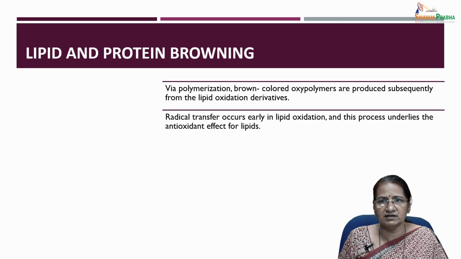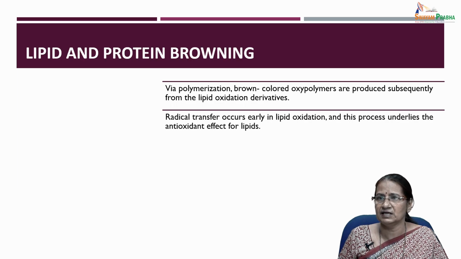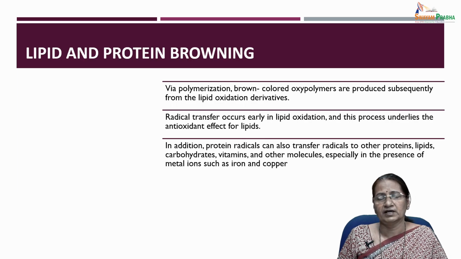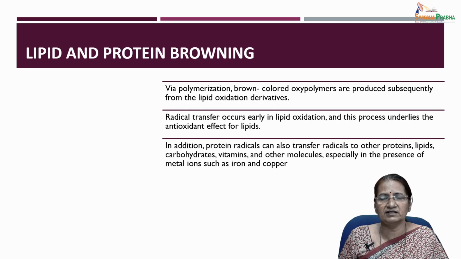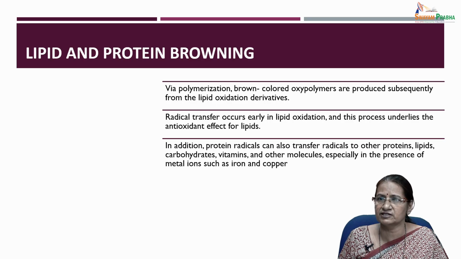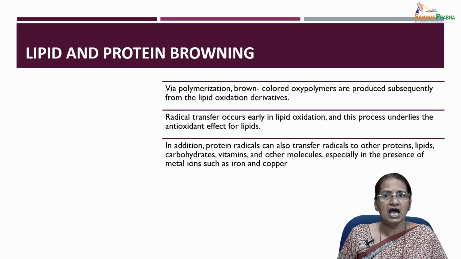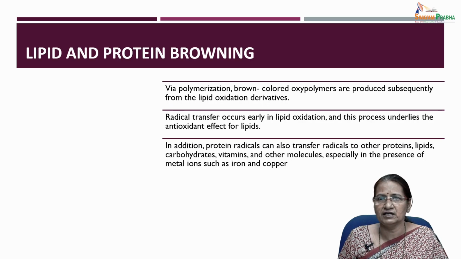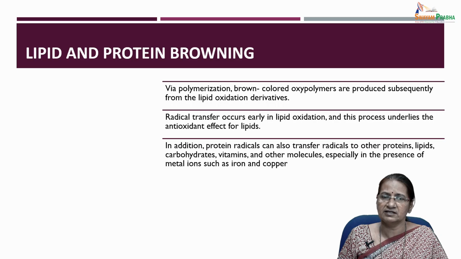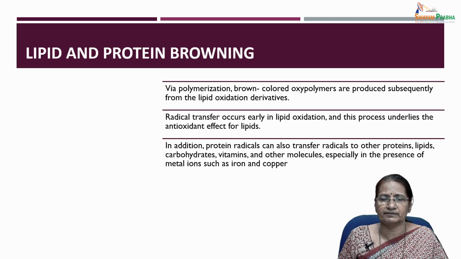Radical transfer occurs early in lipid oxidation, and this process underlies the antioxidant effect for lipids. In addition, protein radicals can also transfer radicals to other proteins, lipids, carbohydrates, vitamins and other molecules, especially in the presence of metal ions such as iron and copper.